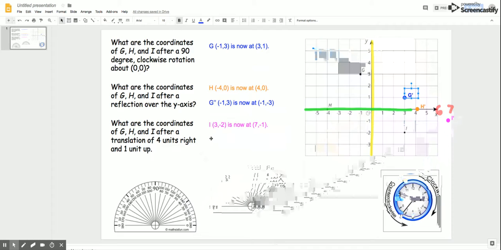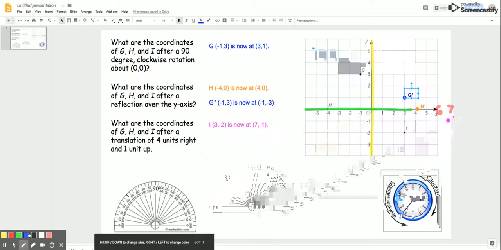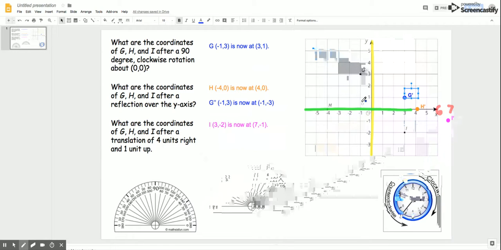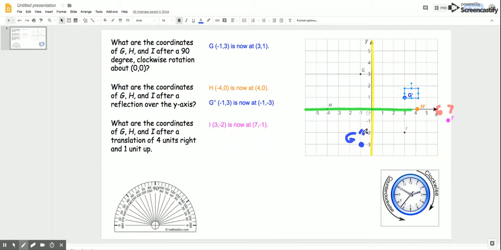So if G is here at (-1, 3), it is 3 units above the line of reflection, or the x-axis. So it's 1, 2, 3 units above. So then the reflection of G across the x-axis should be 3 units below, 1, 2, 3. And that's here. That is G double prime.